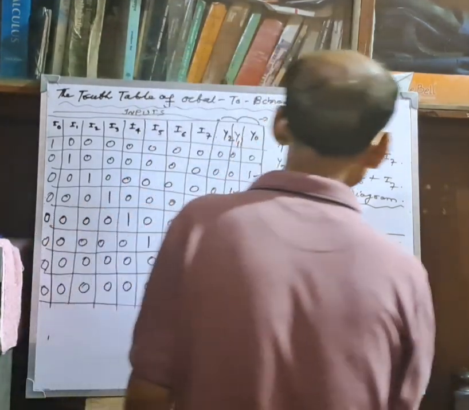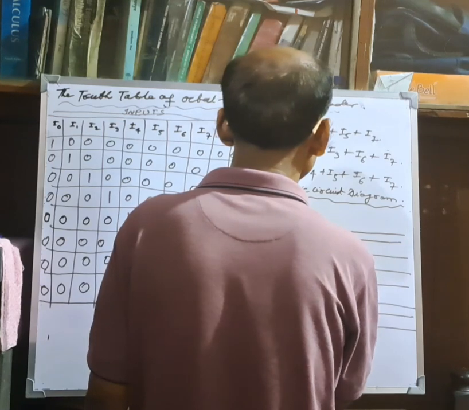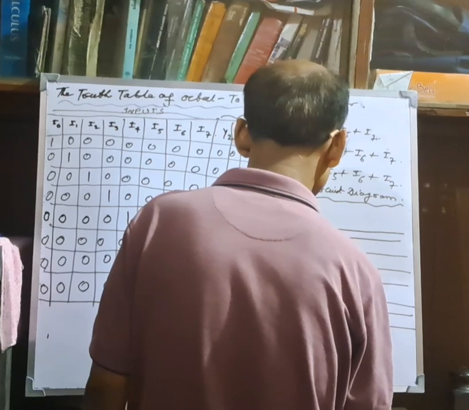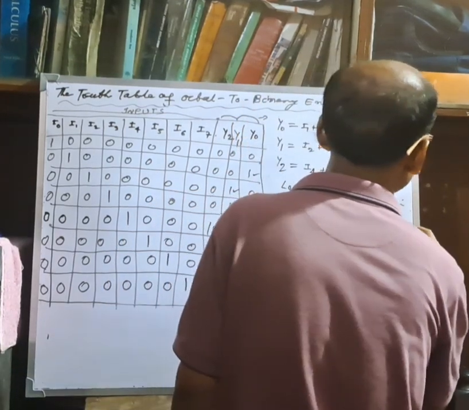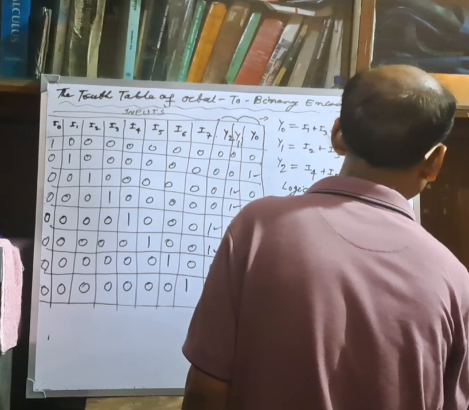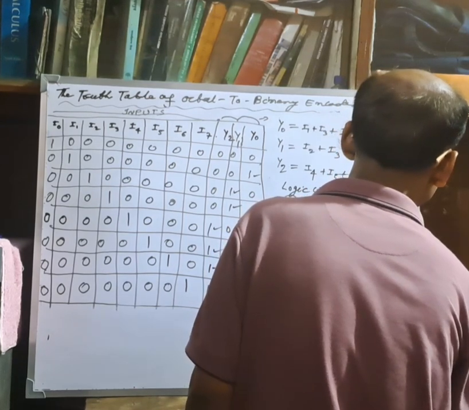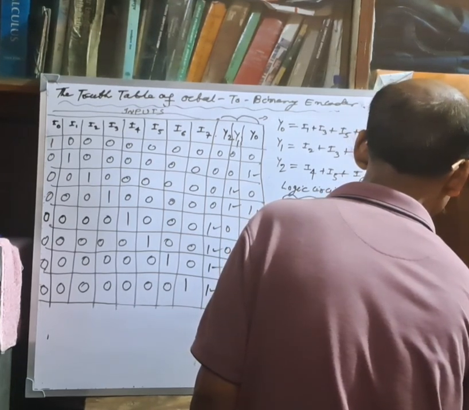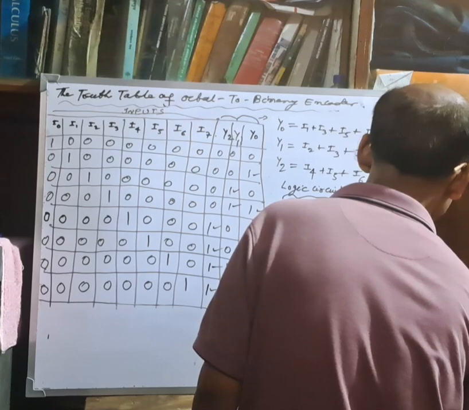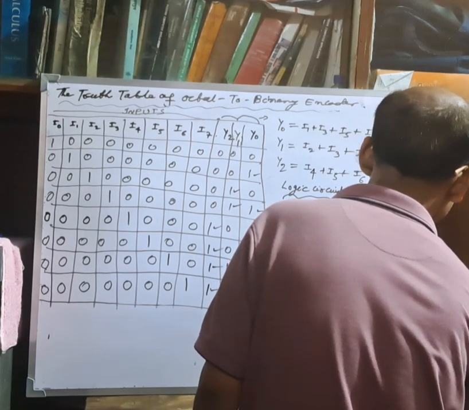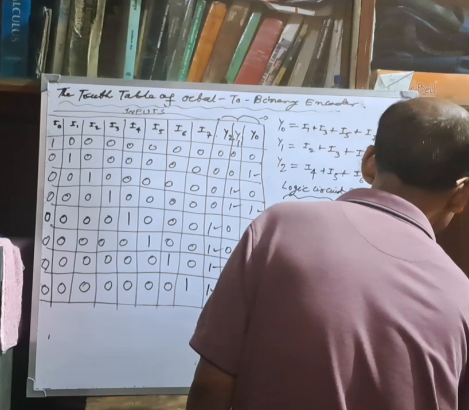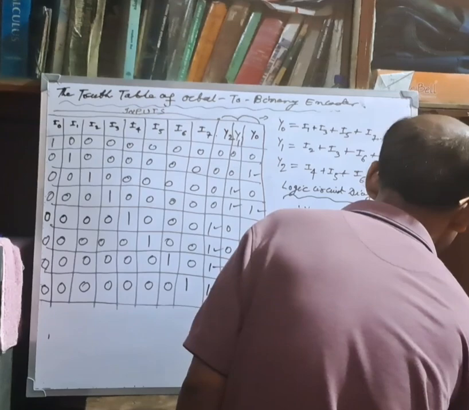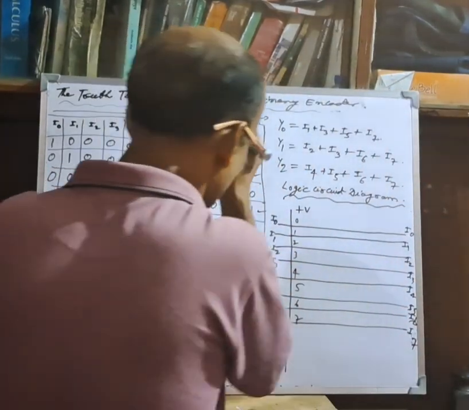Okay, this is 0, 1, 2, 3, 4, 5, 6, and 7. Okay, and this is I0, I1, I2, I3, I4, I5, I6, and after I6, I am getting here I7. Clear? You just see here.